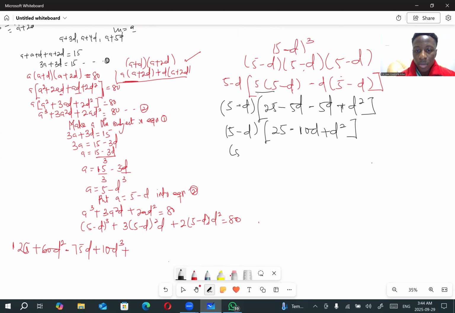Now you have 5 minus d multiplying all of that, right? Now it's the same thing we are doing. 2 brackets multiplying themselves. That would mean you pick one element here, which is 5, use it to multiply everything in the other bracket. You see? That's how we do it.